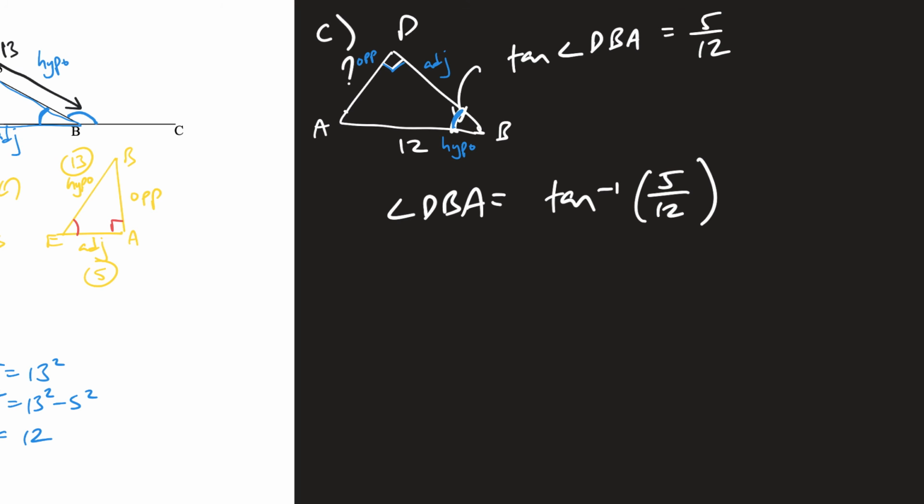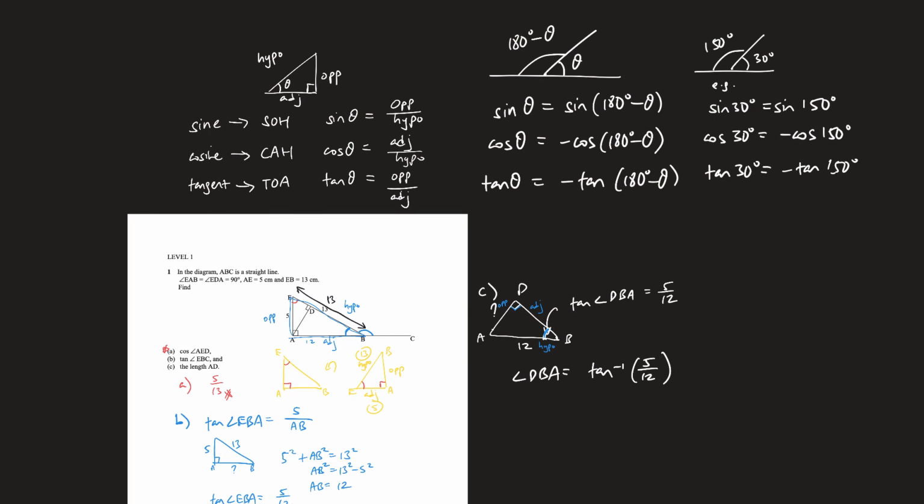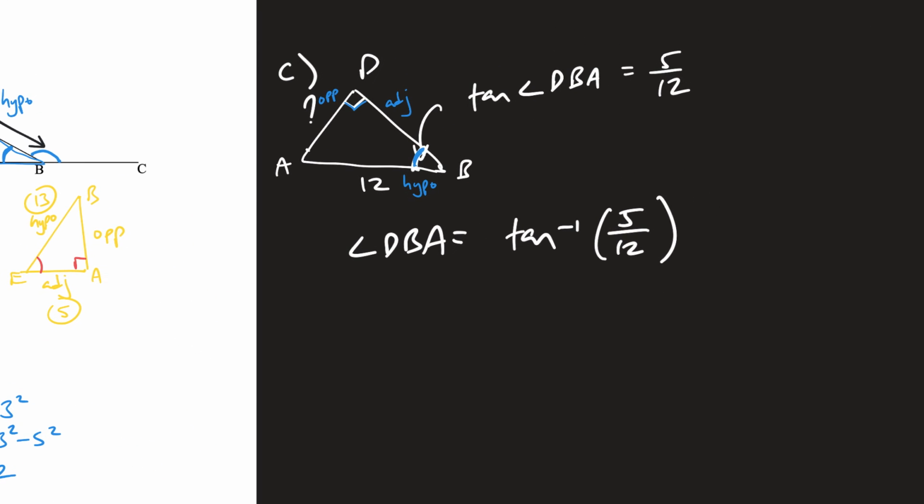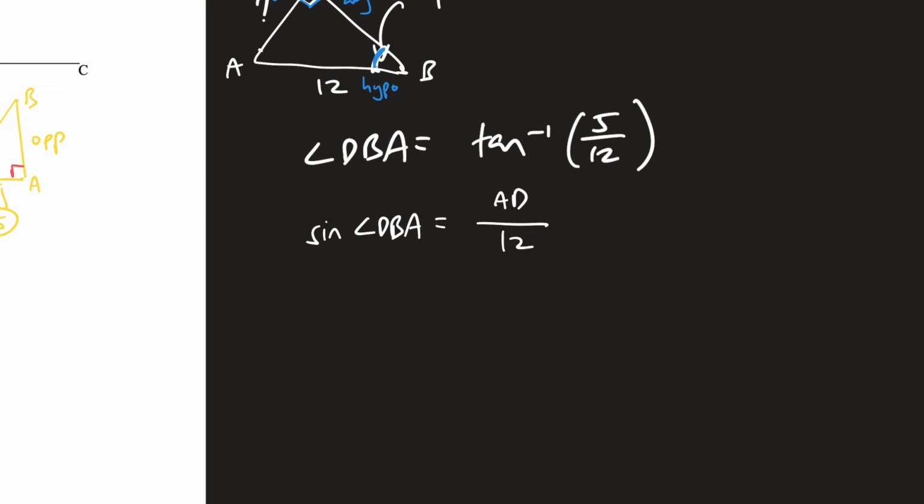If I'm trying to find AD, I'm trying to find the opposite side, and I know the hypotenuse. Which function gives me opposite and hypotenuse? Sine. So sine of angle DBA is opposite, which is AD, over hypotenuse, which is 12.